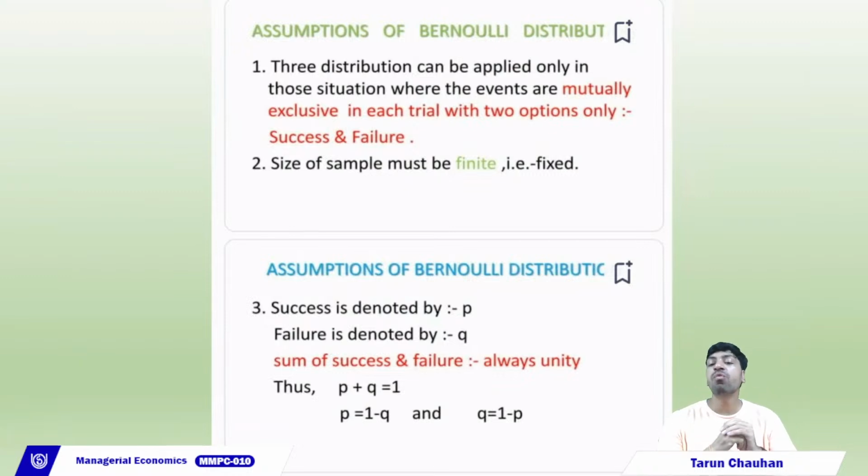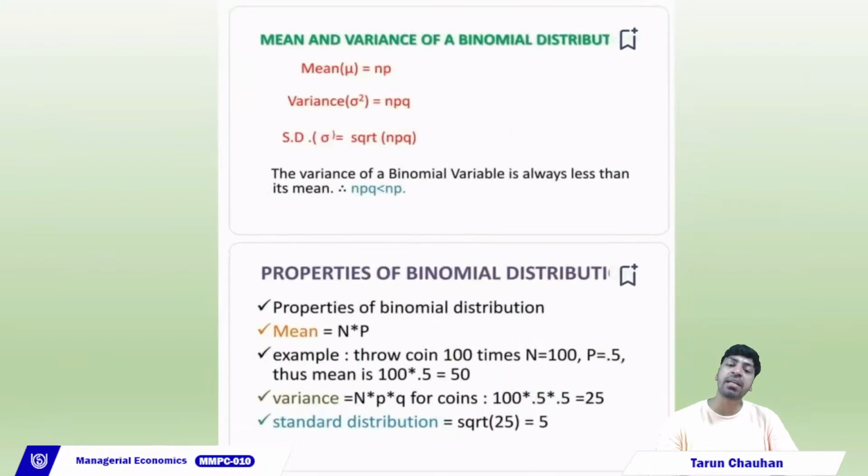Q stands for 1 minus p. The same formulas will be applied in this scenario. How to calculate the variance? That is the square of standard deviation, which is equal to n into p into q. So we have n in the question, we have p, and q has been calculated, that is 1 minus p.